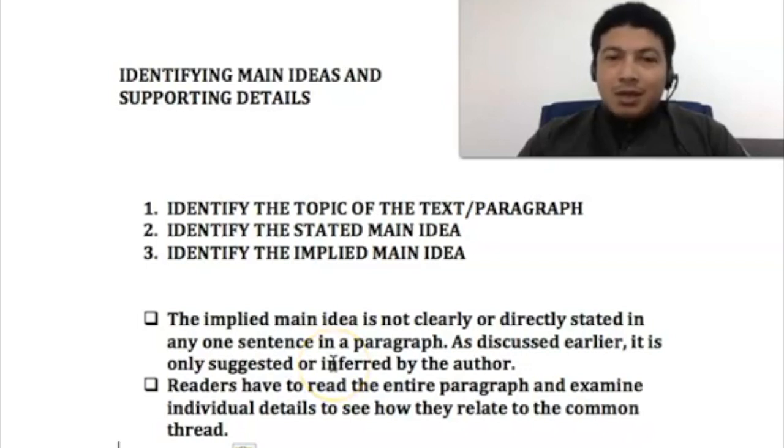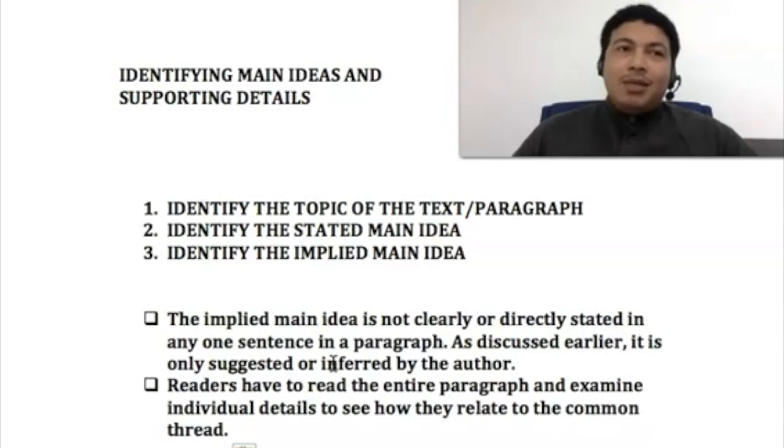The implied main idea is the hidden point that the author wants to tell the readers without telling it directly, for many reasons, especially in a political article. They don't say it directly because they might be sued by the politicians, but they tell things indirectly. So when people read, they can understand what the author actually wants to tell.